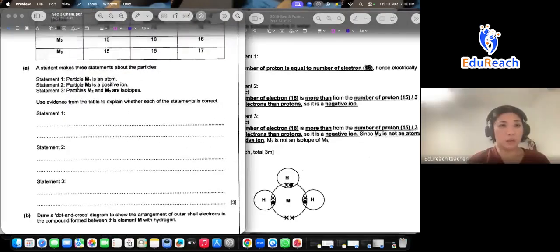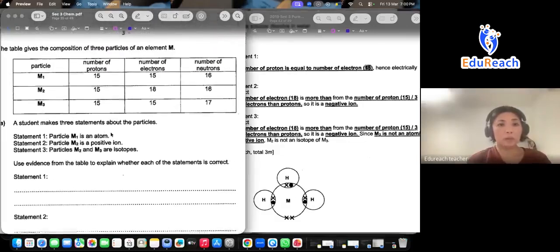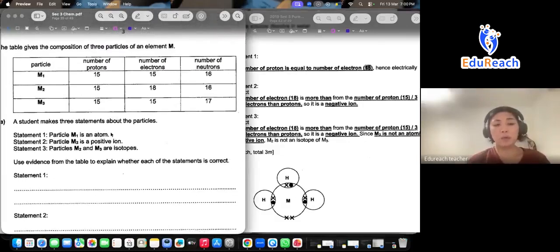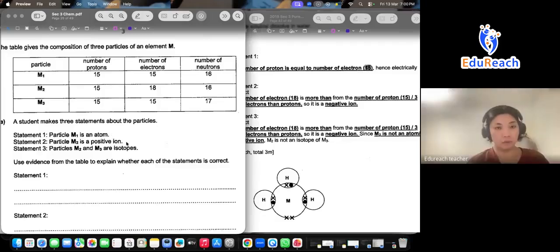Okay, so statement 2: particle M2 is a positive ion. Tell me, Janelle, if something is a positive ion, we must have more what than what? More protons than electrons. Yes.